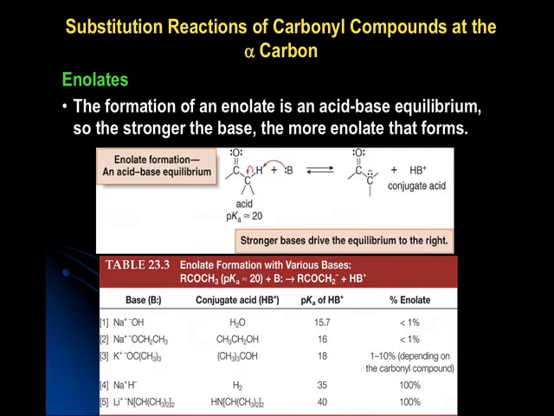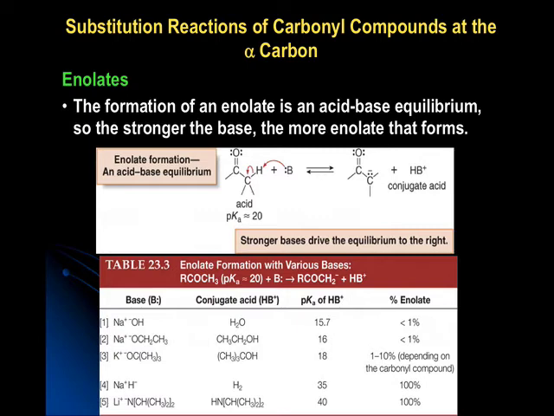So how do we make LDA? We start off, we buy this thing called diisopropylamine. That's just an amine. What kind of amine is it? That's a secondary amine.